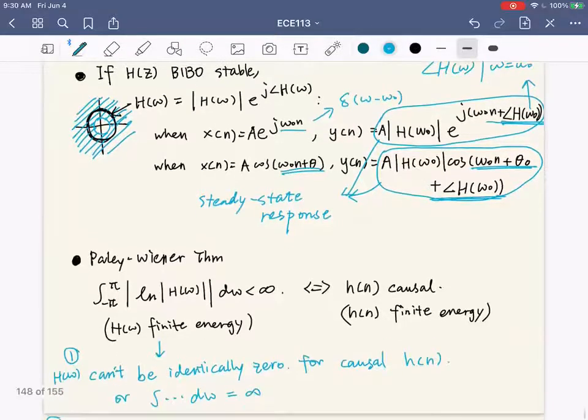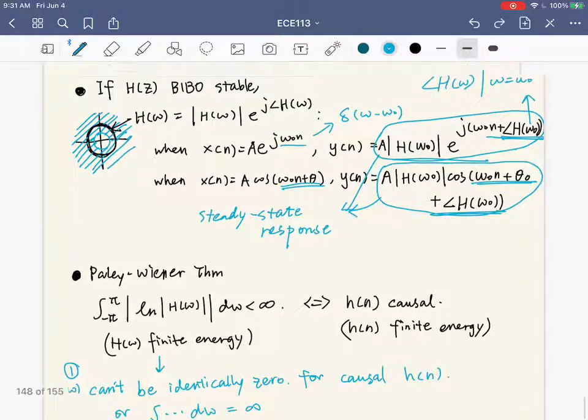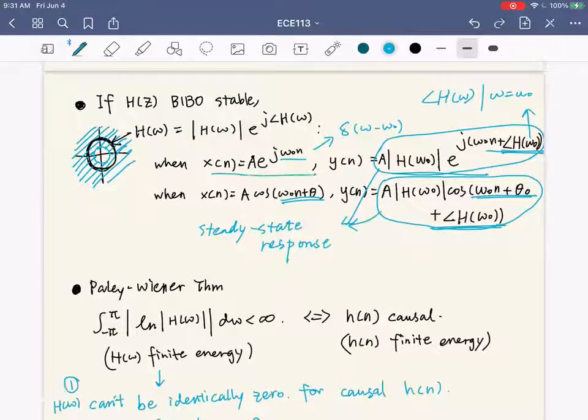Cool. And one thing to be careful about is that the output you get here is only the steady state response. What does it mean? It means that if your input is not multiplied by u[n], it is not causal. It is valid across all n values.